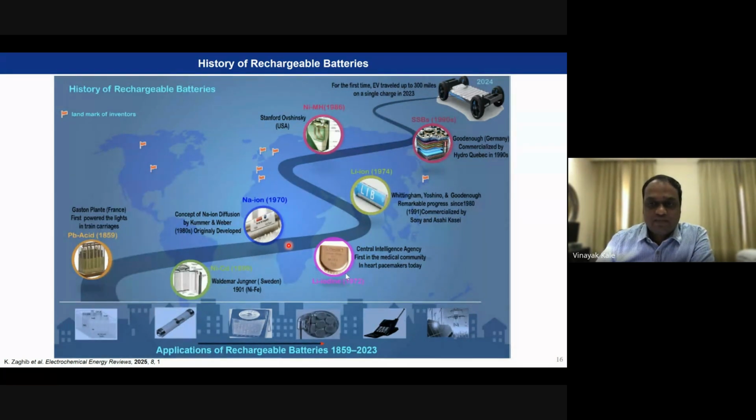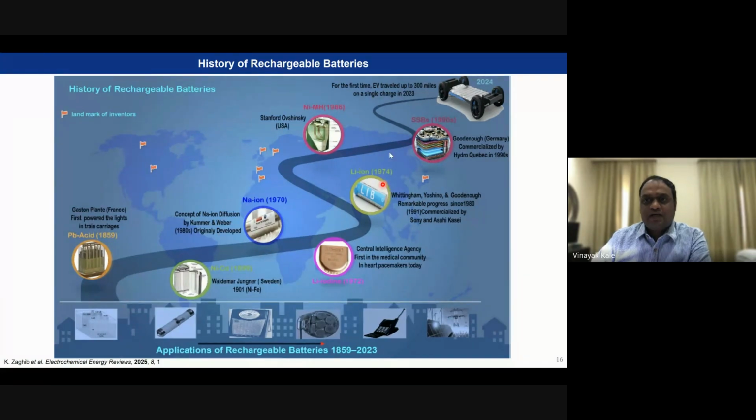And rechargeable batteries have been used in the medical community in heart pacemakers, and then this was followed by significant research by Professors Whittingham, Yoshino, and Goodenough in the 1980s, which remarkably progressed this rechargeable battery field.